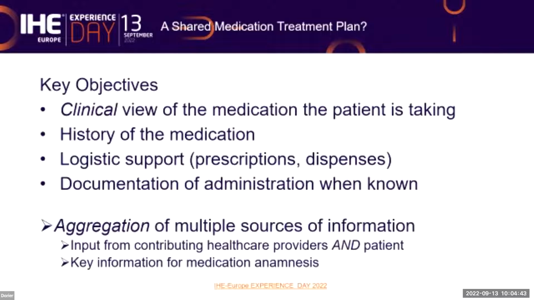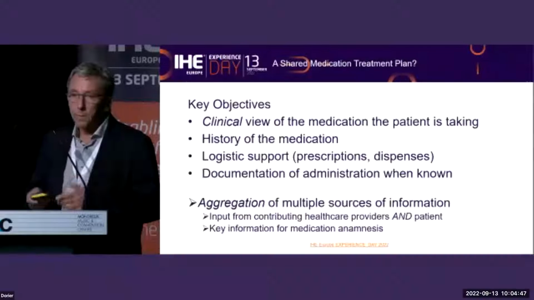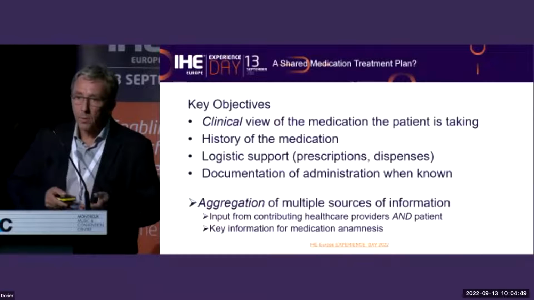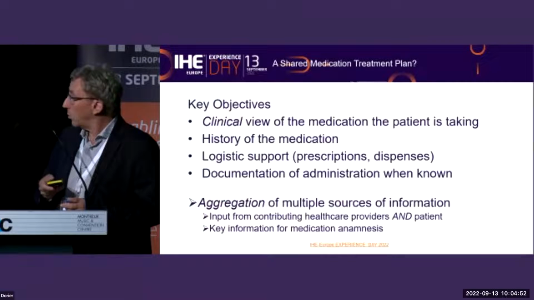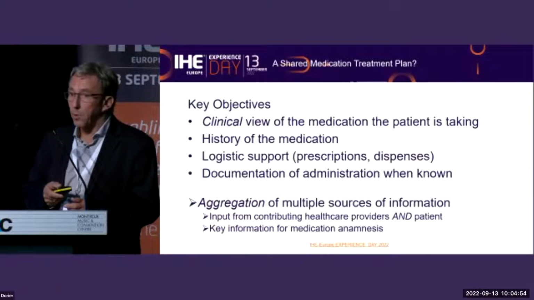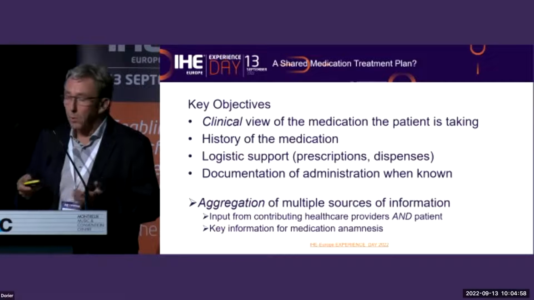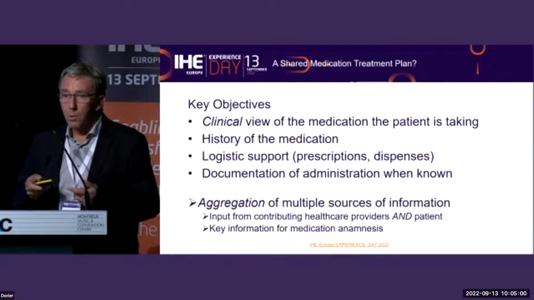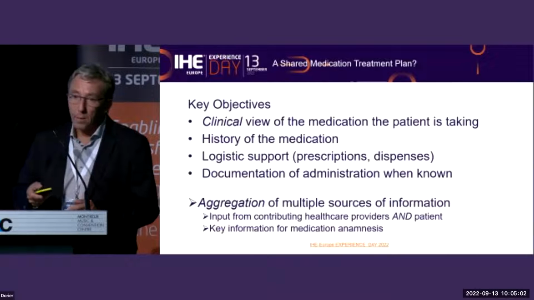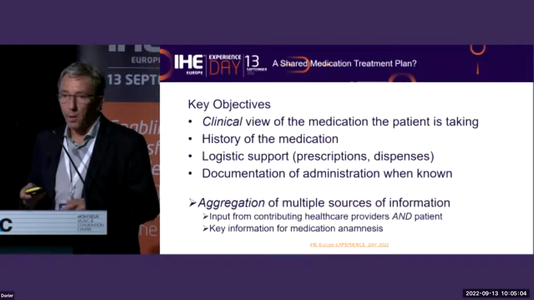So history. We also, of course, want to address the logistical aspects, the e-prescription, the dispense, documenting the dispense. It's also very important to document the dispense, because if there is a substitution by the pharmacist, the treatment card or the treatment plan should show the real brand of the box the patient has, and not the original one.